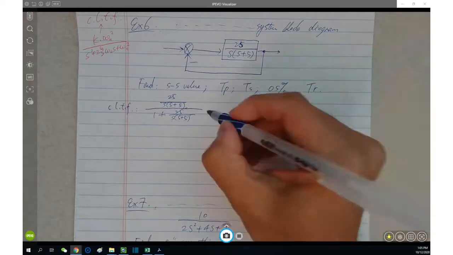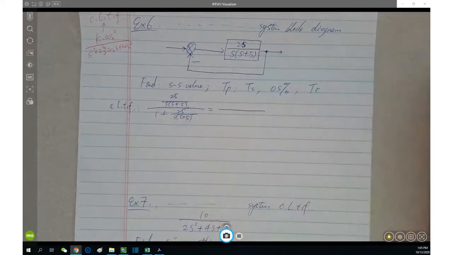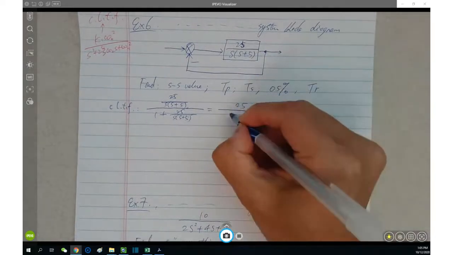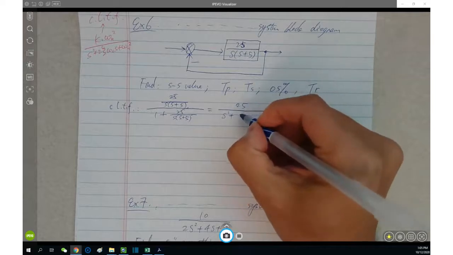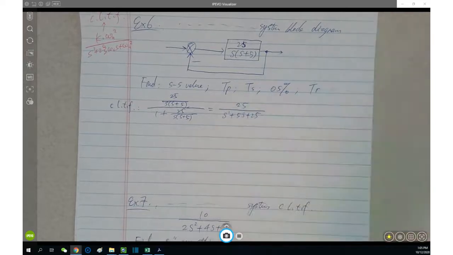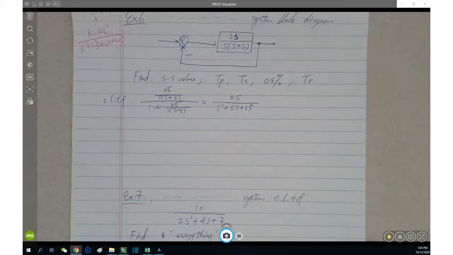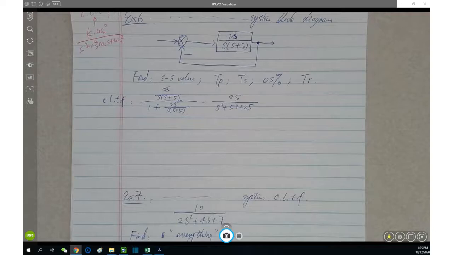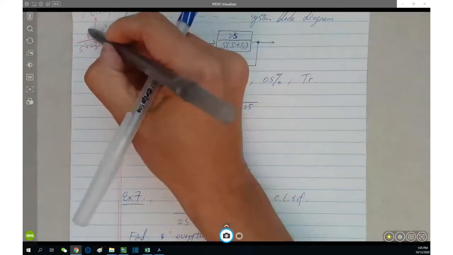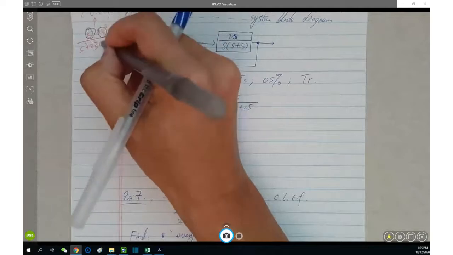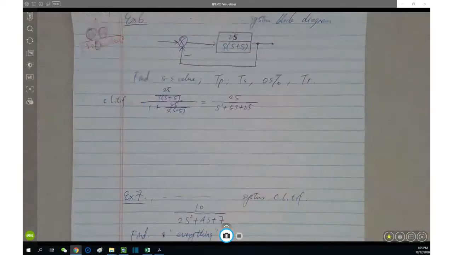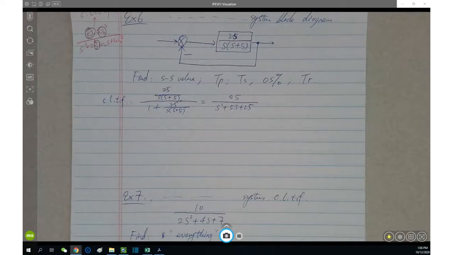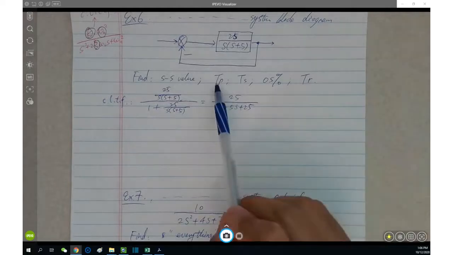And if you further derive it, you get this result as the closed loop transfer function. This is the first step. With this, we start to find what? K, omega n, and zeta, 3 parameters, and based on which we go ahead to find these values.